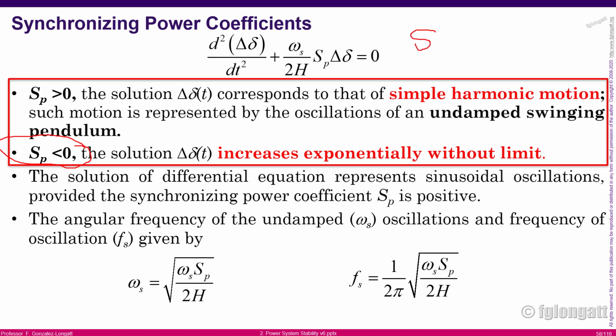If the synchronizing torque is negative, wow, now we have a problem because the solution will increase in size over time, and we will have this kind of behavior that is oscillatory and exponentially increasing, okay? In this case it is an exponential increase.